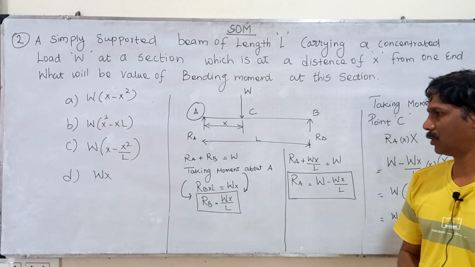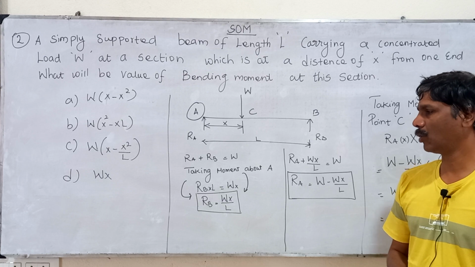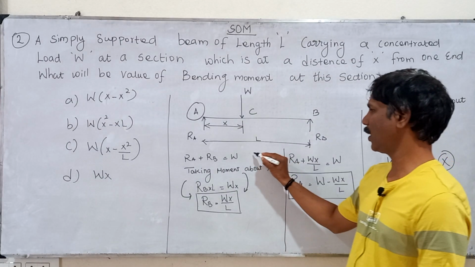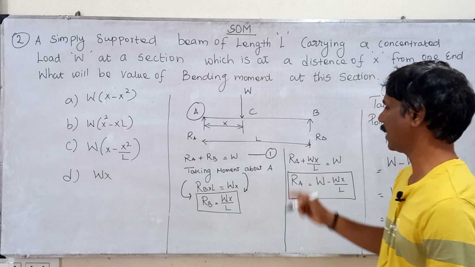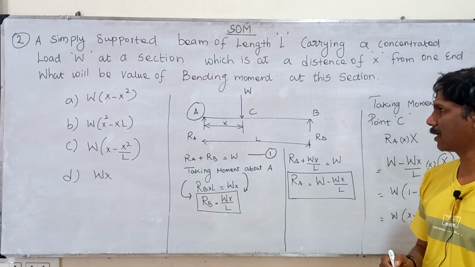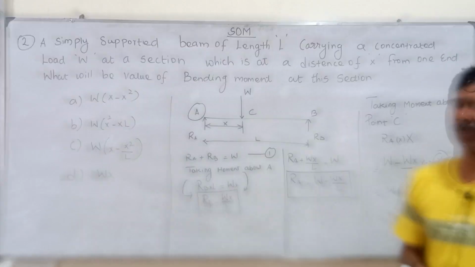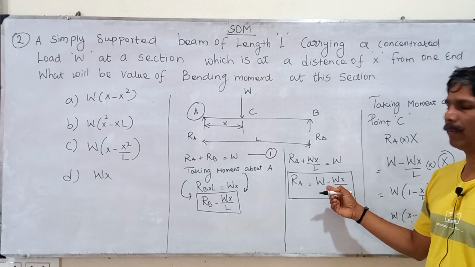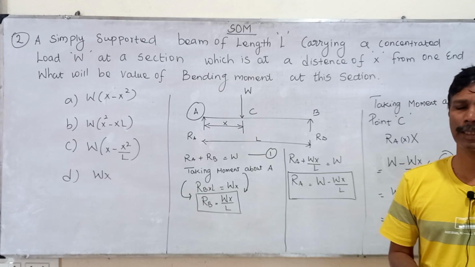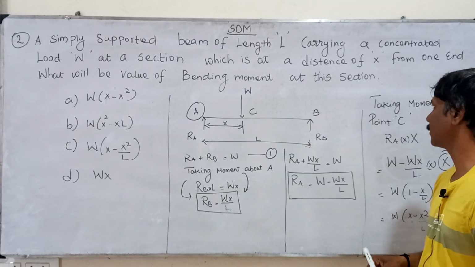Both are equal. So from that, we came to know that Rb equal to W x by L. We substitute this into equation 1, so we get Ra plus W x by L equal to W. So Ra equal to W minus W x by L.